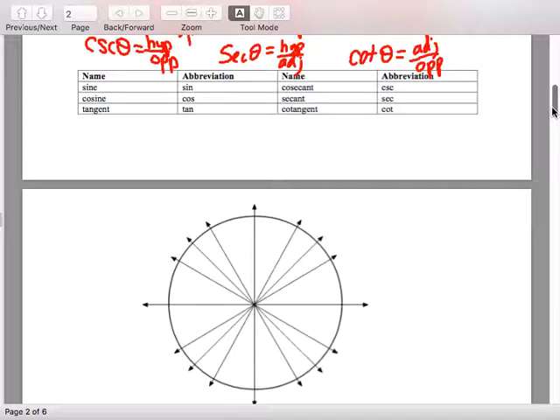Once you get your coordinate grid drawn, I want you to label the 4 areas: 0 degrees, 0 radians; 90 degrees, pi over 2 up at the top; 180 degrees, pi; 270 degrees, 3 pi over 2.